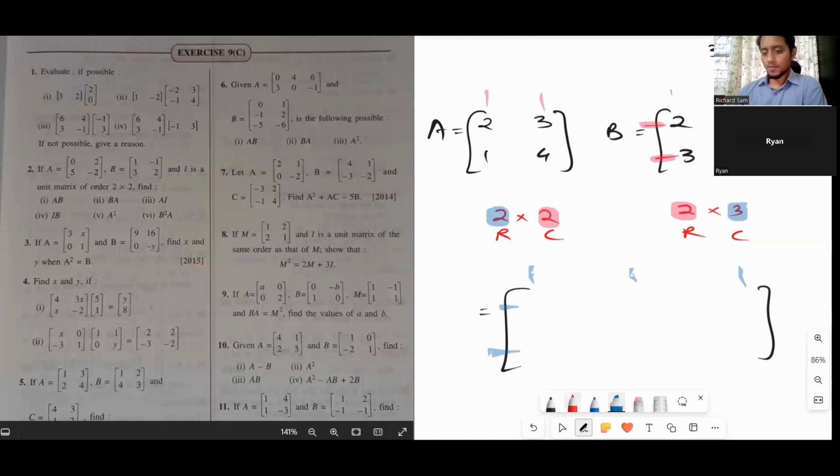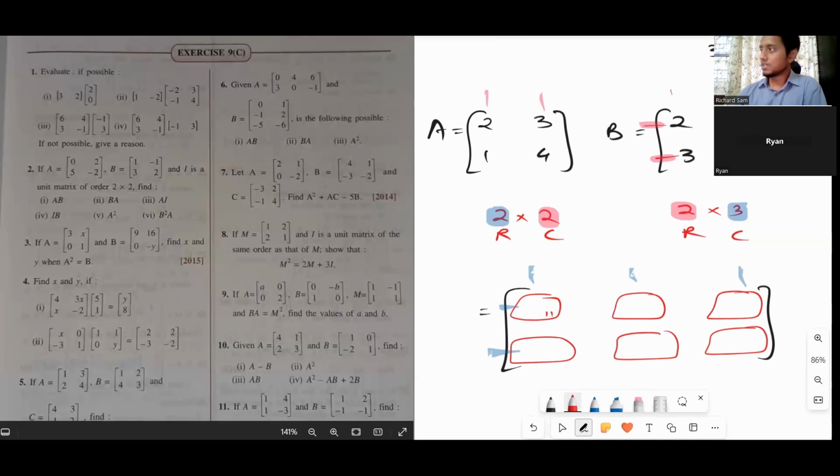Now, in a matrix like this, there are 6 positions, 6 values. Each of them, we're going to number them. This first one is in the first row, first column, so we'll call it 1, 1. The second one is first row, second column, so that means 1, 2.